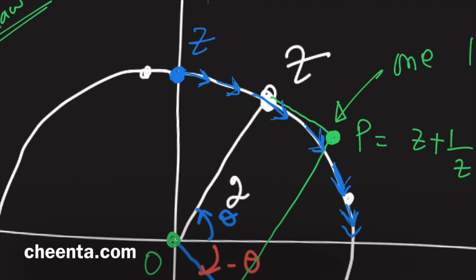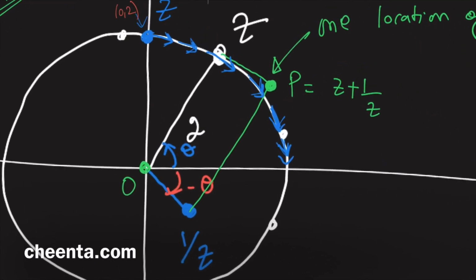Now, let's do this. Start with this particular z, at the point 0, 2. This is z, and it makes an angle of 90 degrees with the x-axis.